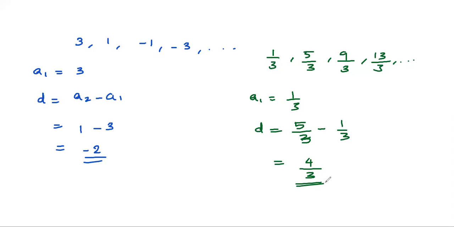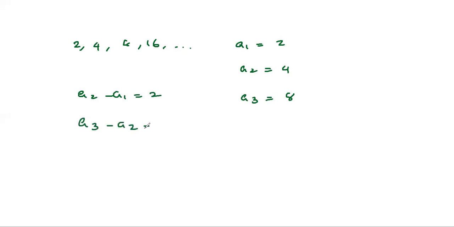Now to question number 4. This is an interesting question. In the sequences given below, we need to identify whether each is an AP or not. That is the question. So we'll do a simple problem first. Look at the example here. The first given example is 2, 4, 8 and 16. Here we need to identify whether this is an AP or not.